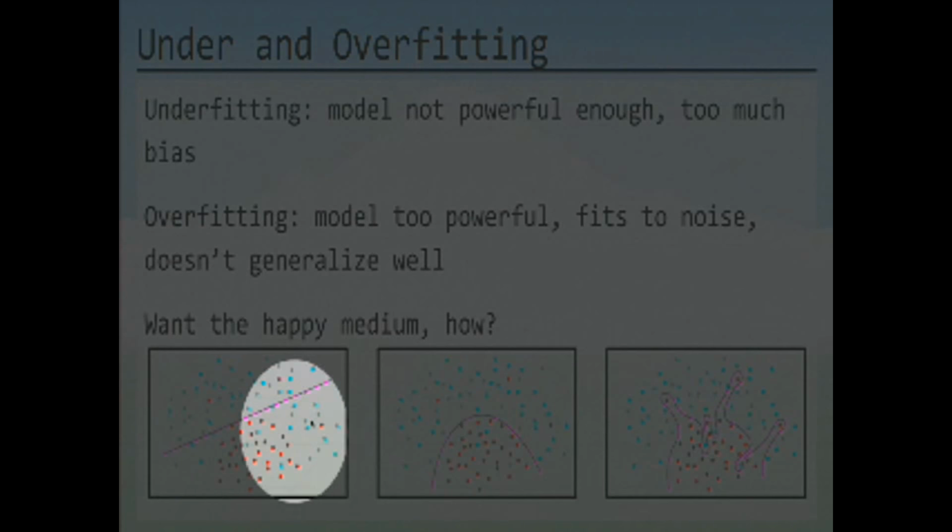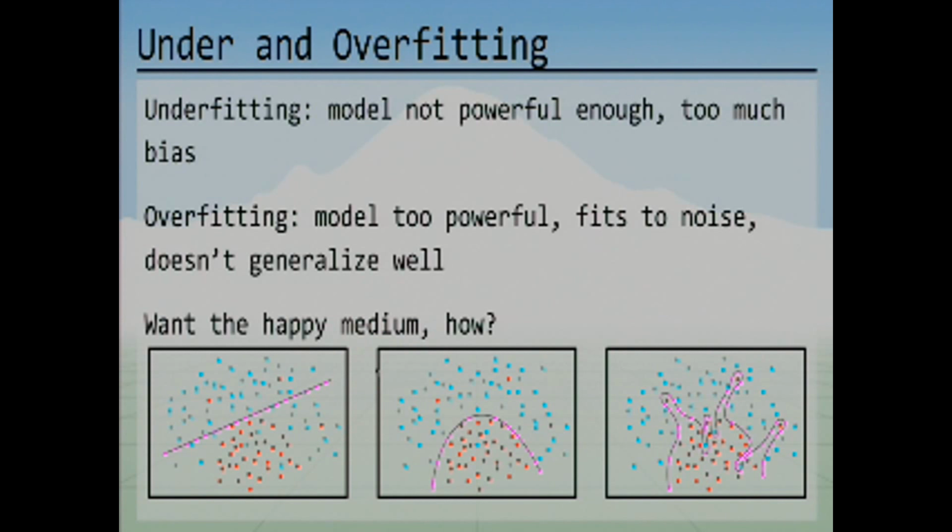This happens if you choose a linear model for some data when a linear model isn't really appropriate; you'll have a bunch of error because the bias of your model is too high. The corresponding thing happens when you pick a too powerful model, where instead of underfitting, we get overfitting. A super powerful model is going to precisely fit all of the noise in the data, and then you're not going to generalize well to new examples.